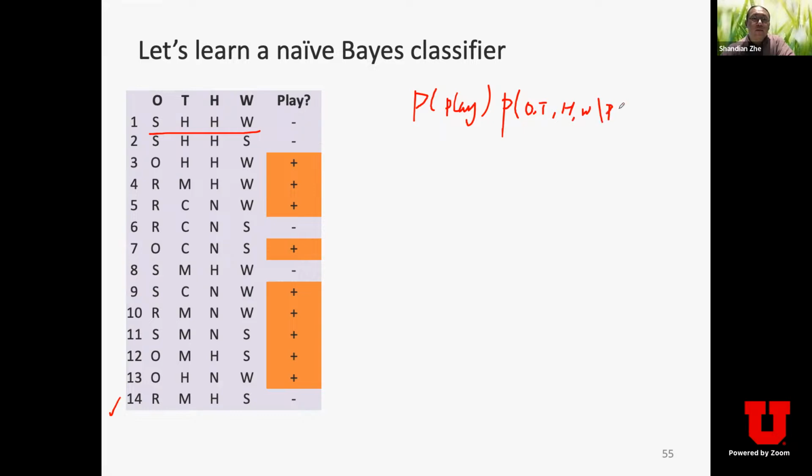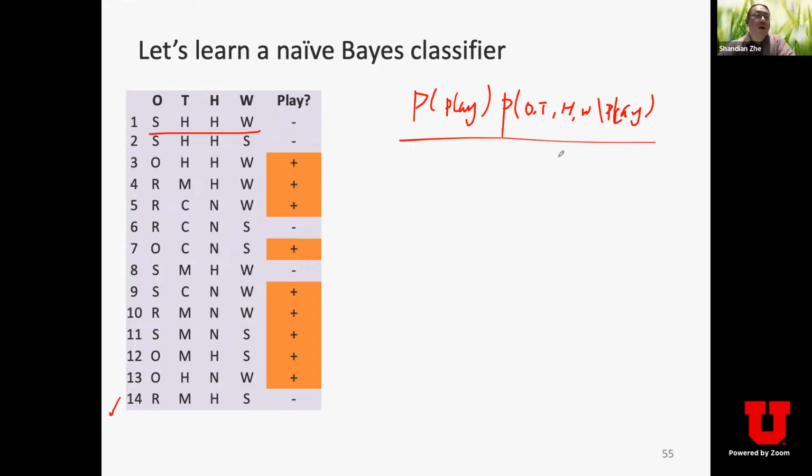Of course your label can be 1 or 0. So just look at when your label takes 1, what is this product? When label is 0, what is the product?